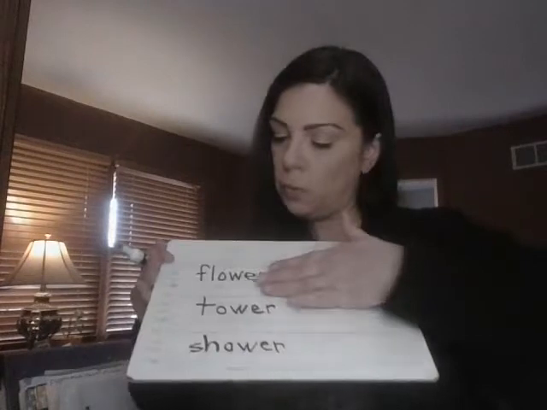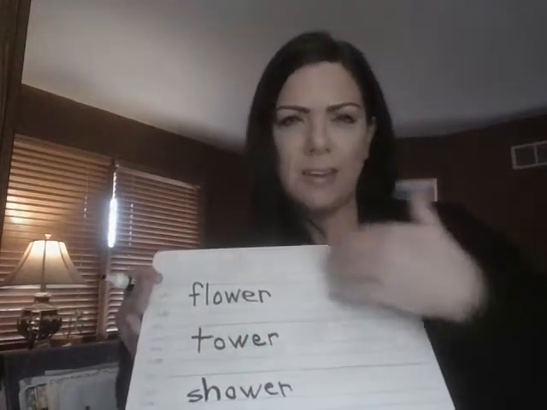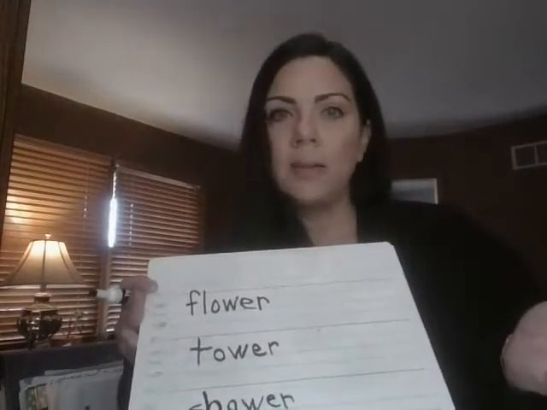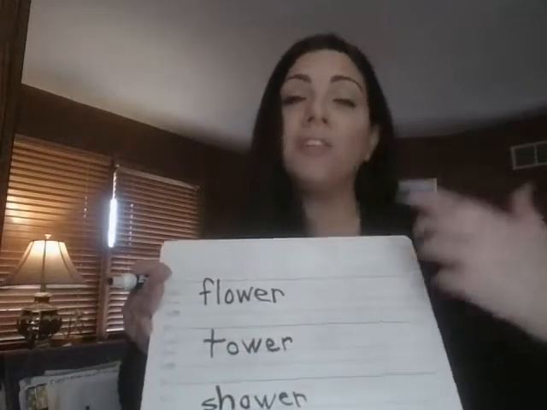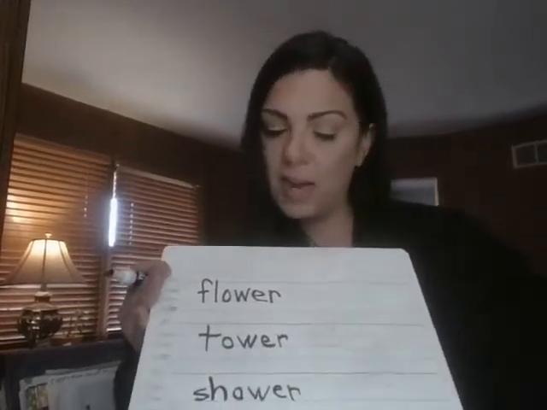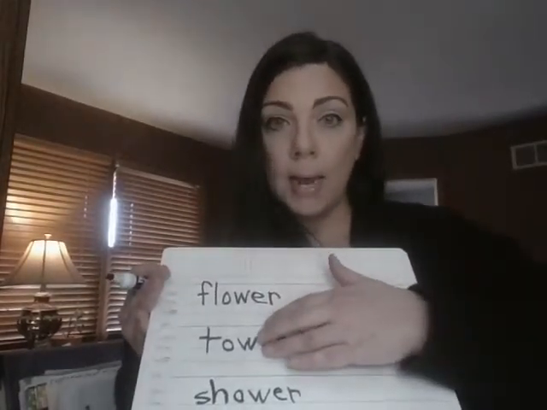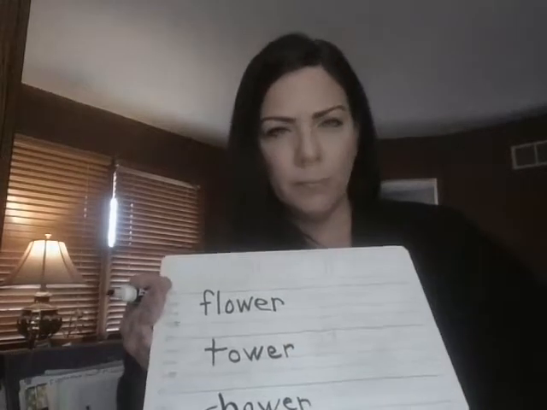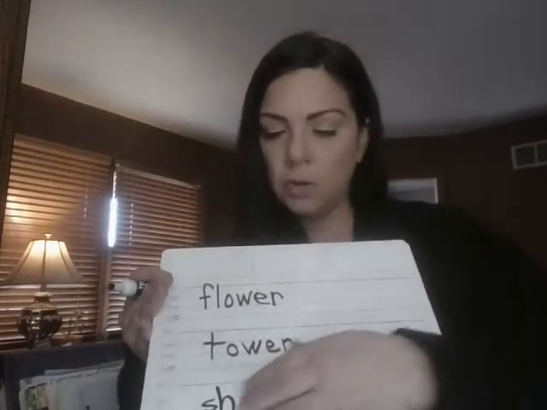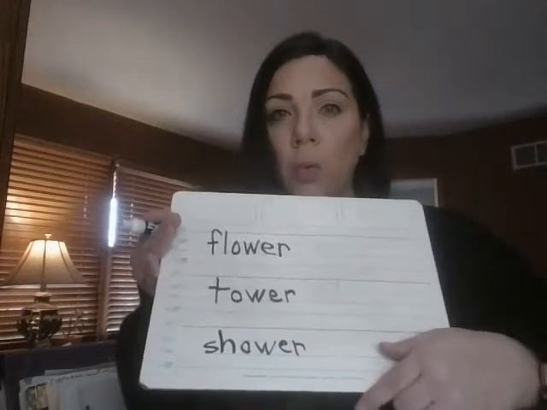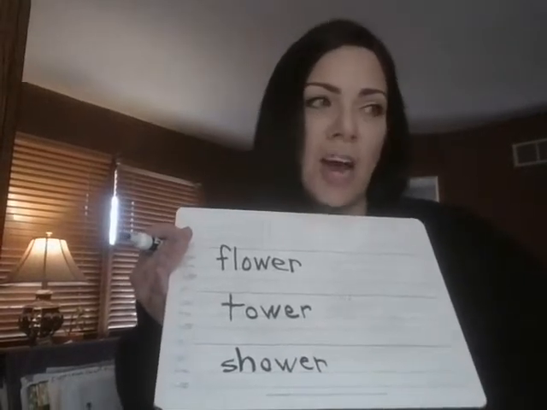So you may have one word that you know, right? Flow. But if I say flower, I know that's not right. So I know I have to change it. Flower. If I know toe and I put tower, no. Tower. Show. Shower.